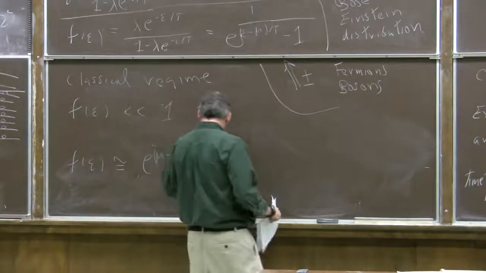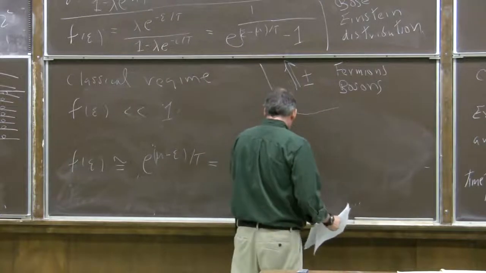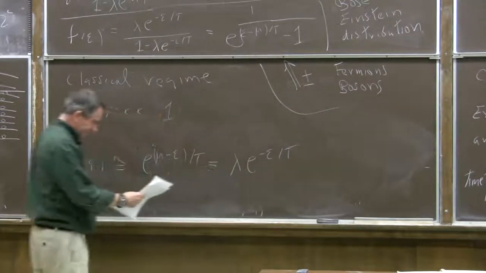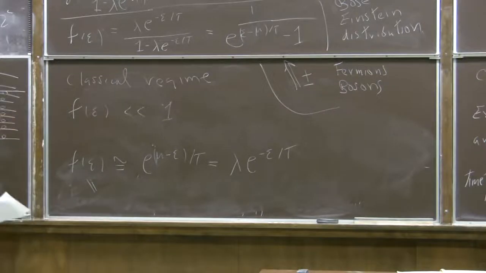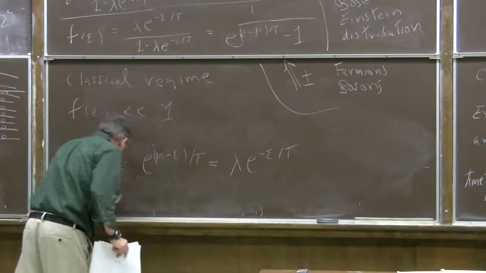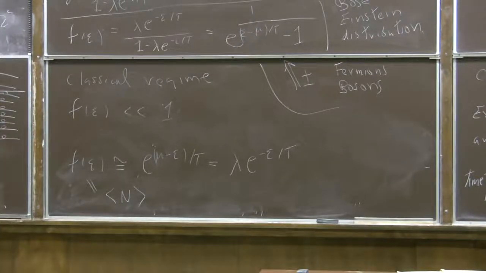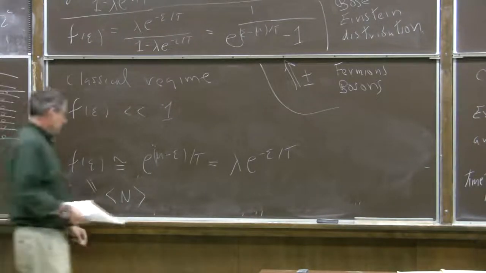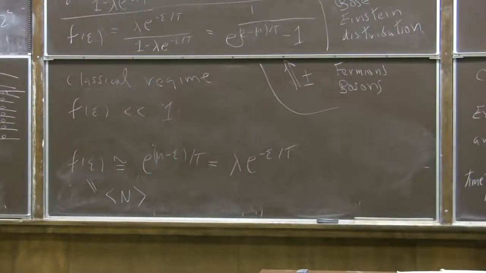Or if you want to write it in terms of the activity, it's the activity lambda times the Boltzmann factor e to the minus e over tau. So in that case, this distribution function, remember, means the expected number of particles in the orbital, and it's really small. The orbital is most likely empty; with small probability it has a single particle, and it almost never has more than one particle. Therefore, the difference between fermions and bosons doesn't matter in that regime.